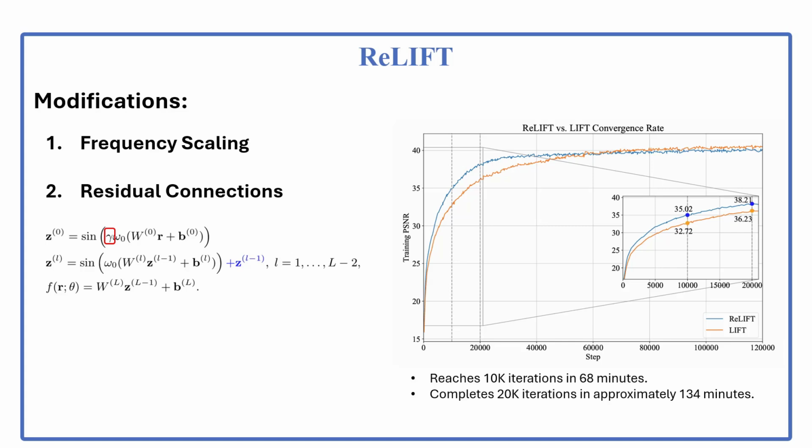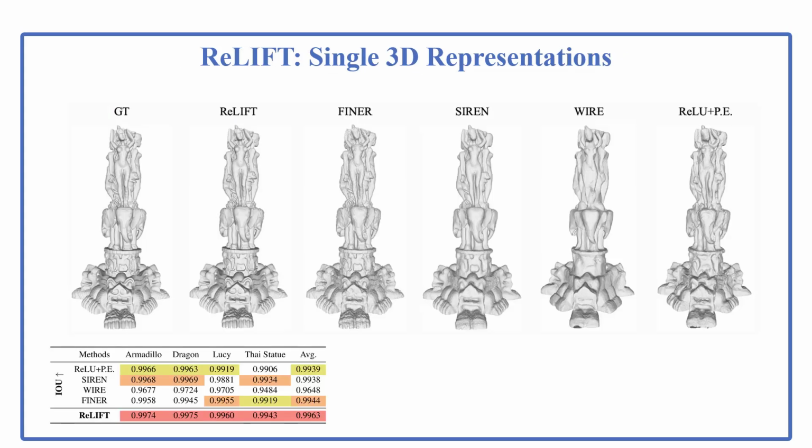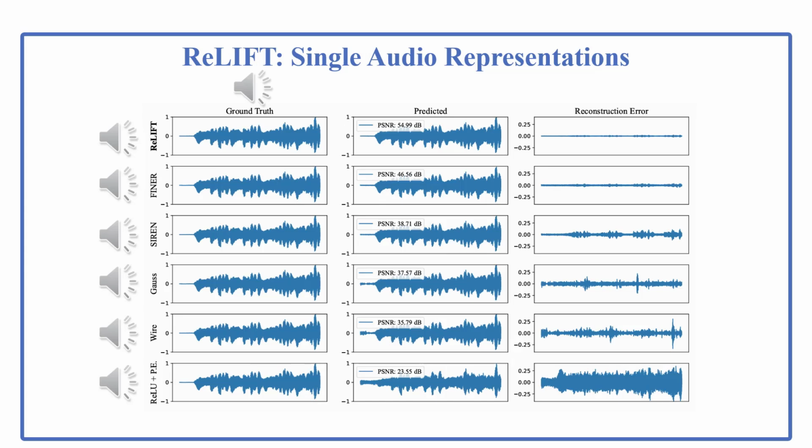Compared with other methods, which require a very large MLP and training for 2 or 3 or more days. We also tested ReLIFT on single image representation tasks, 3D representations for different 3D shapes, and single audio representations, where we see lower reconstruction error compared to the SOTA approach.